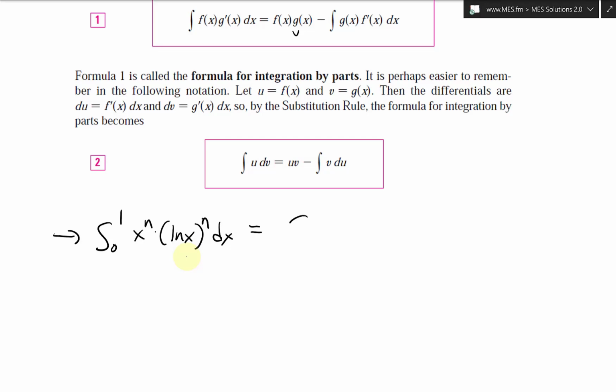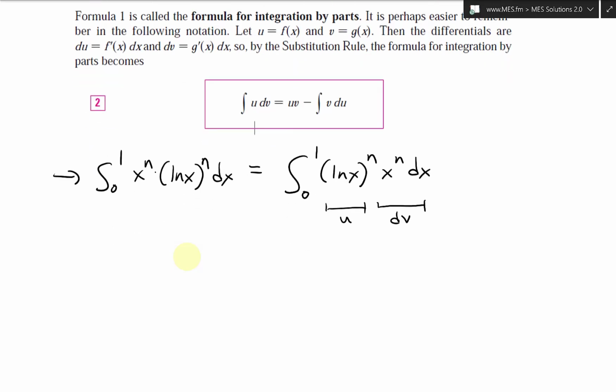So I'm going to rearrange this so it looks a bit better. I'm going to put this in front, (ln x)^n times x^n dx. And I'm going to choose this to be u and this to be dv, so it matches u and dv like that.